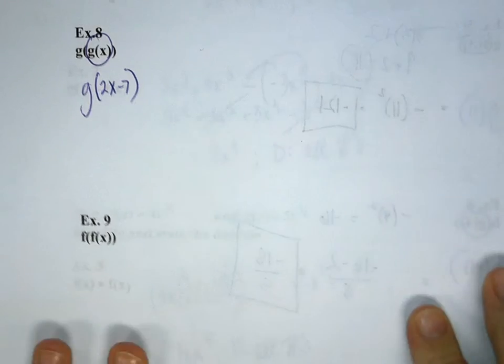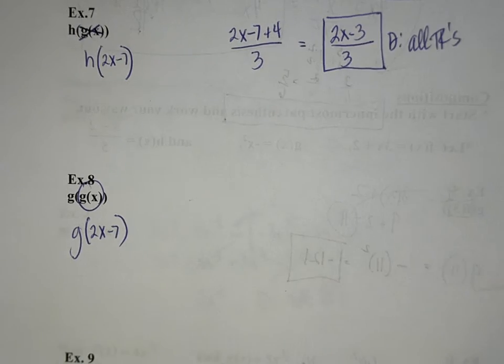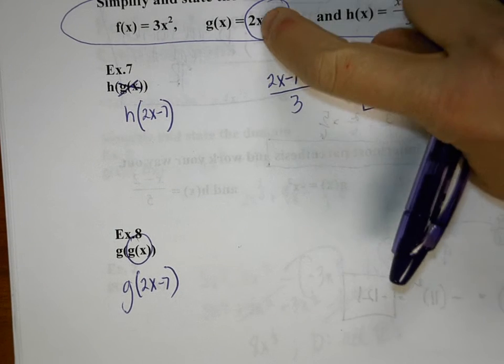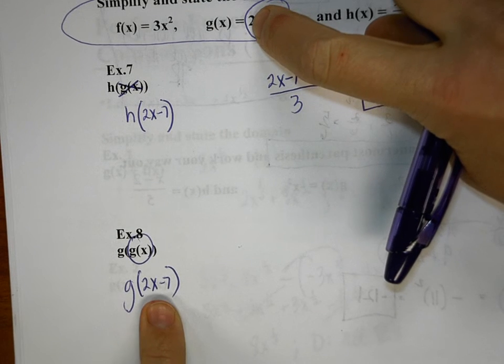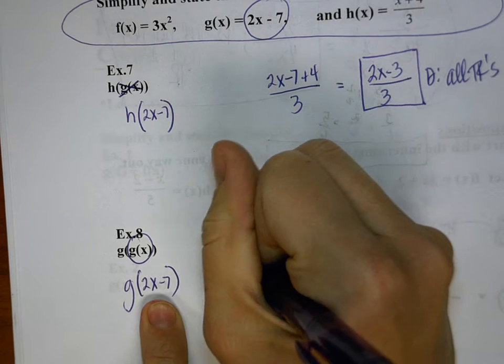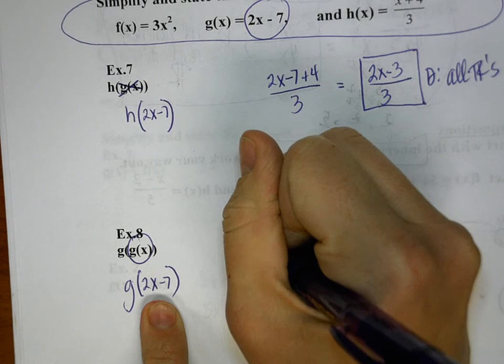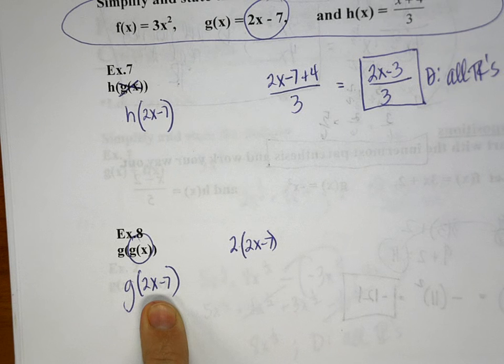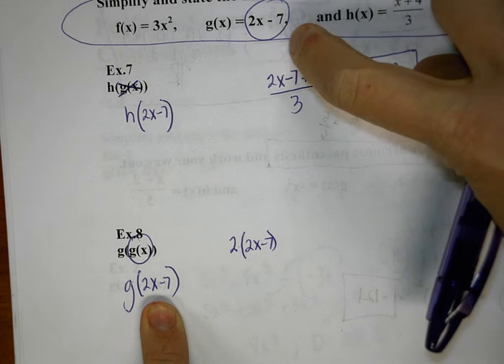So our g equation, hold on a second. Our g equation is 2x minus 7, right? So wherever I see an x now, I'm going to put a 2x minus 7. So we'd have 2, and then what was it? 2x minus 7, close your parenthesis, and then what? And then just minus 7.